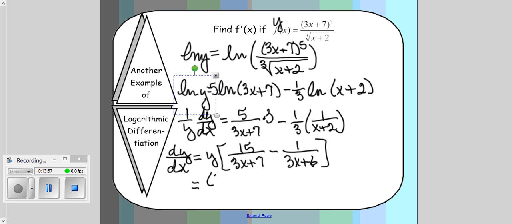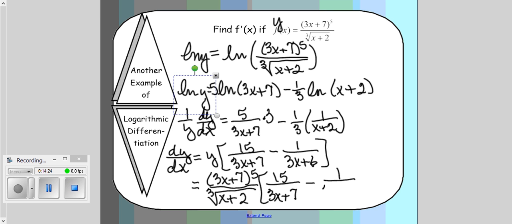My y was (3x + 7) to the 5th all over the cubed root of x + 2 times my nice little bracket from above, 15 over 3x + 7 minus 1 over 3x + 6.